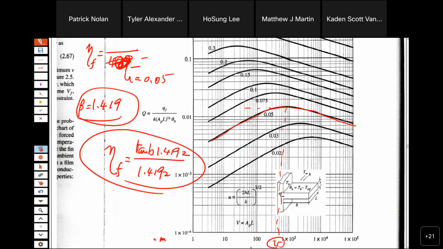Okay, this is the maximum efficiency. That's what we found. Make sense now? Yes or no? We don't have to use these as long as we use this general chart. The general chart maximum is that same 1.419. Make sense?